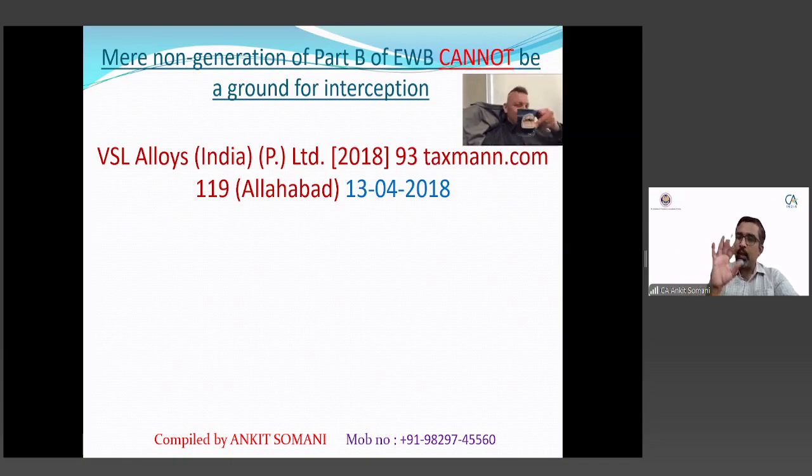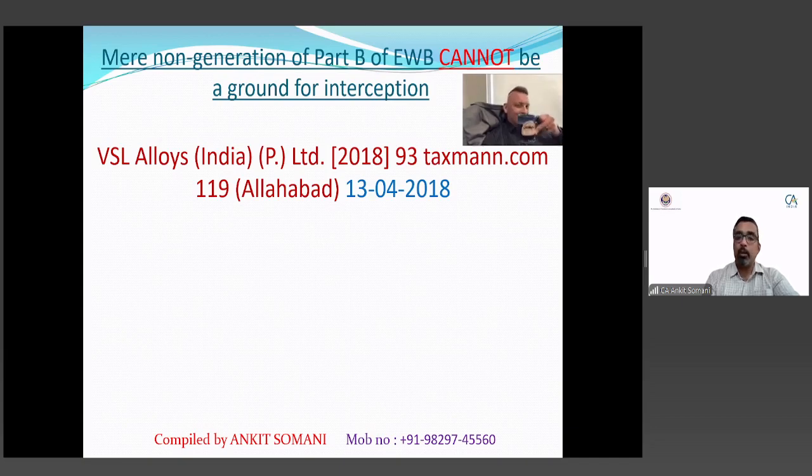And whenever his conveyance is full with goods of other suppliers also, then he releases his conveyance. And later on, suppose he forgets to generate or update Part B, then this cannot be a sole ground for interception. So this is a very promising and important, positive judgment.